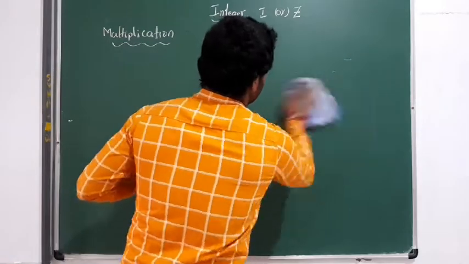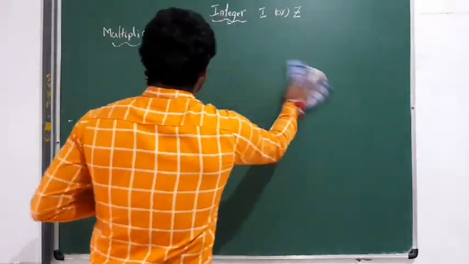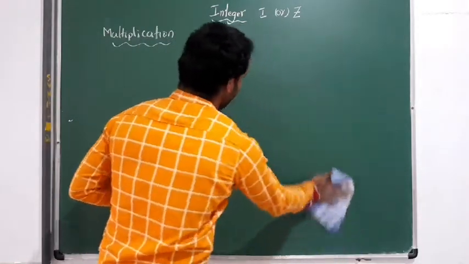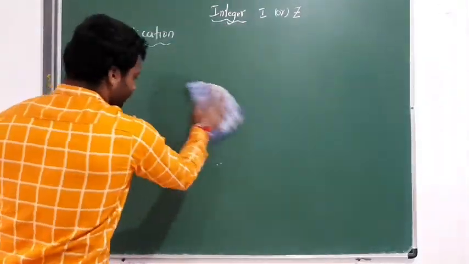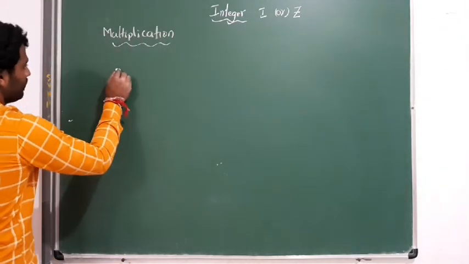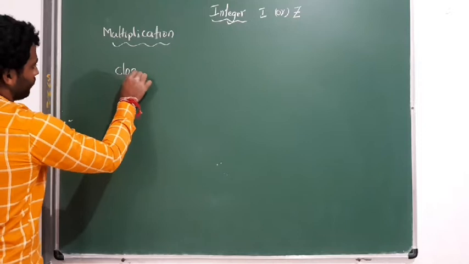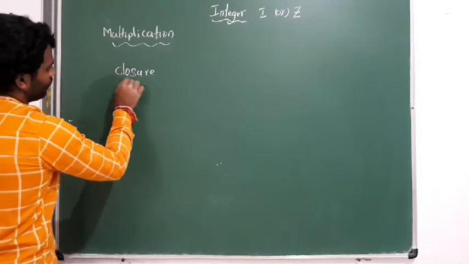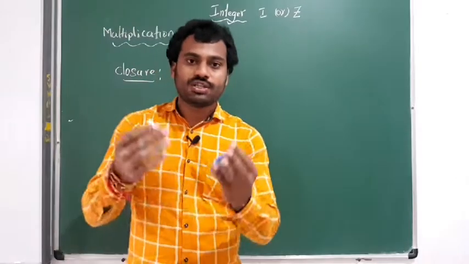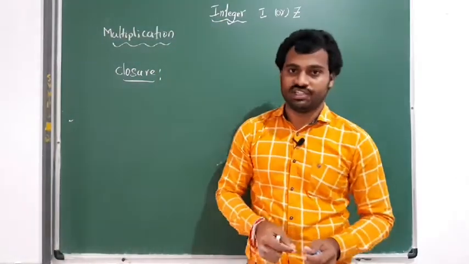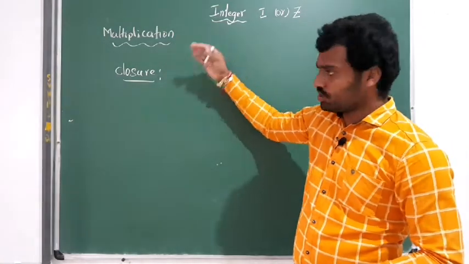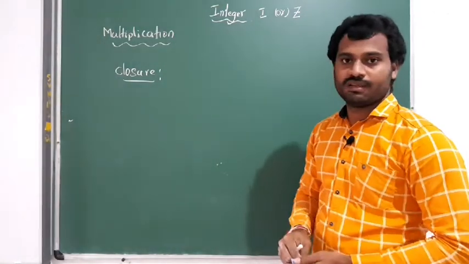What are the properties? We observed them in addition and subtraction; the same properties we will apply here also. What is the first property? The first property is closure property under multiplication. Same as what we did in addition and subtraction, same here also.